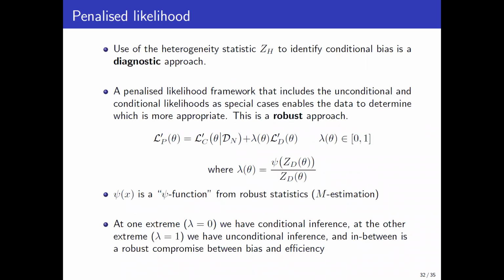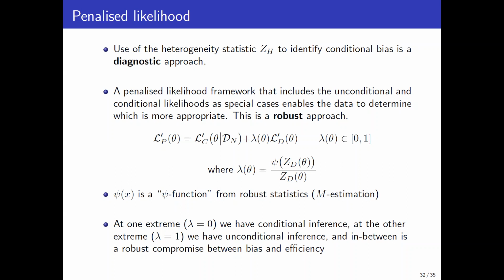Now, I'll just briefly mention that that approach is essentially about diagnosing bias, or using a diagnostic for bias. The other approach is to say, well, let's modify our estimation procedure so that it can dial its way between the unconditional and the conditional approaches, such that when the unconditional approach is more appropriate, it goes more in that direction.